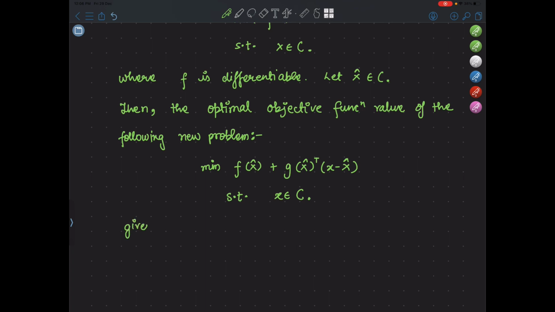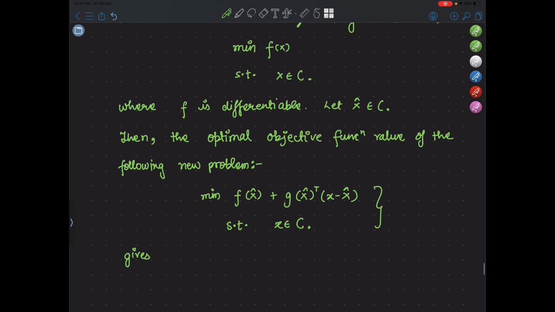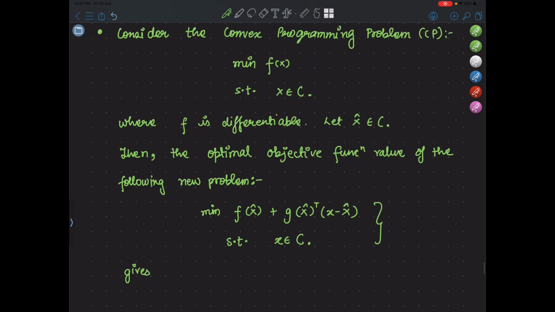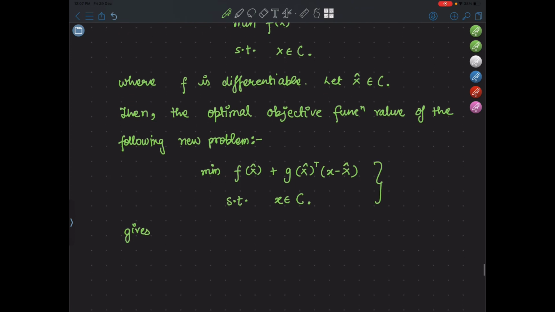So actually if you solve this new problem, you get a lower bound on the original convex programming problem.